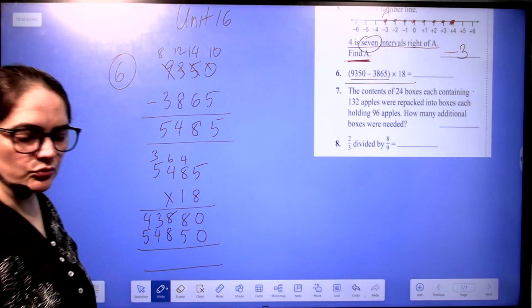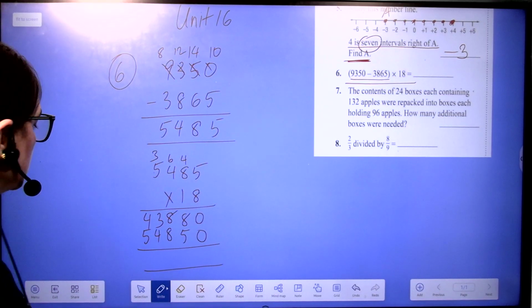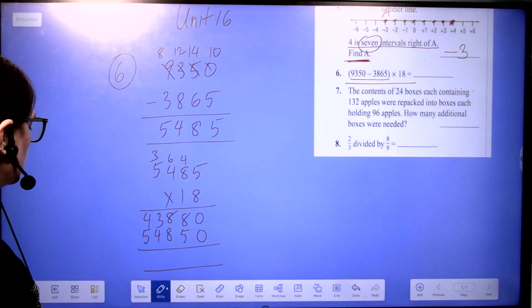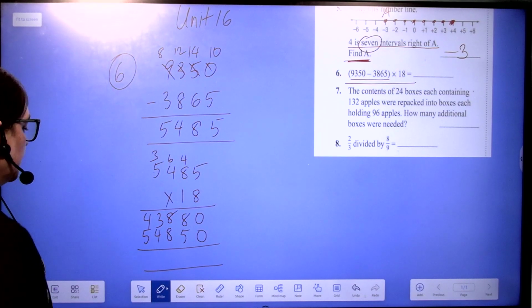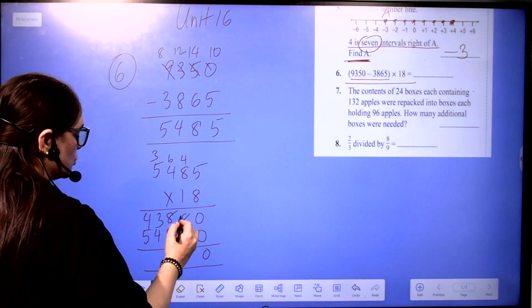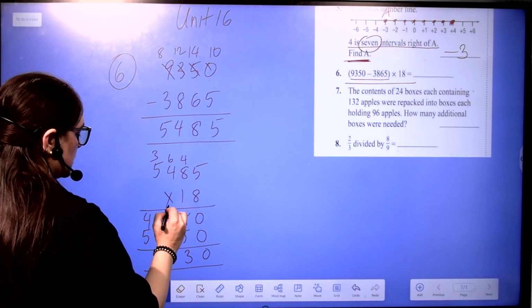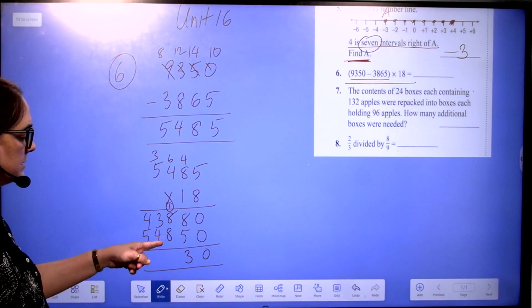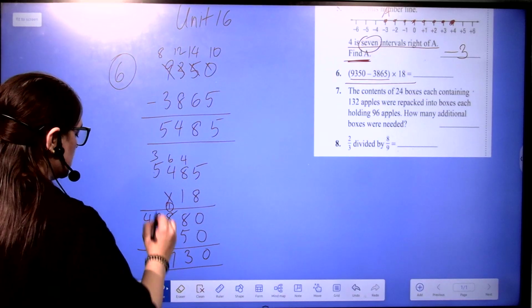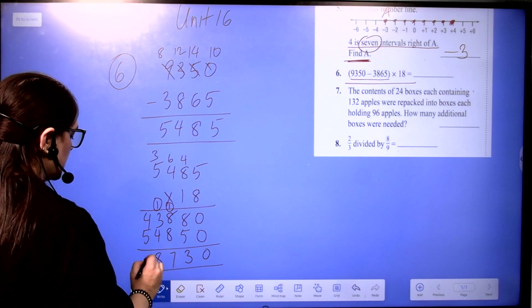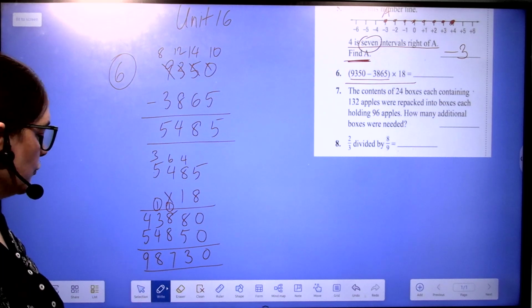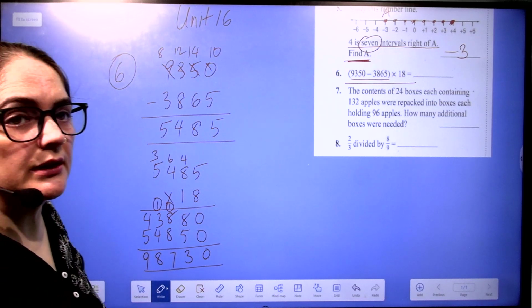Finally, I'm going to add this. Okay. So 0 plus 0 is 0, 8 plus 5 is 13, with a carryover, 8 plus 8 is 16, plus 1, 17, then 4 plus 3 plus 1 is 8, and 9 plus 5 plus 4 is 9, okay, like this.